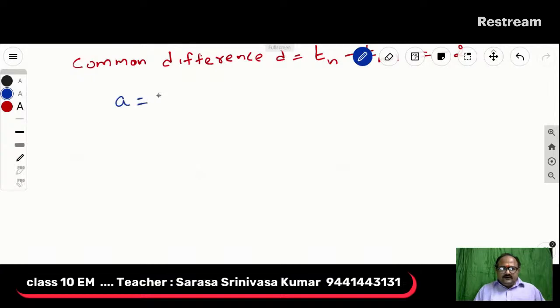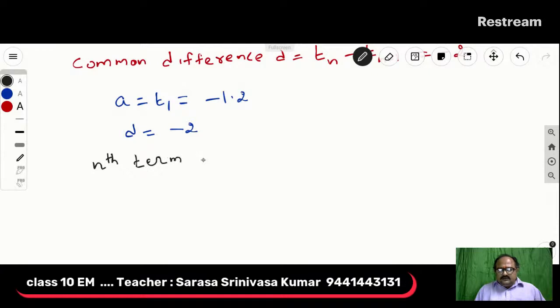So we write here A equal to the first term, A equal to minus 1.2. The common difference D equal to minus 2. So we write the formula nth term.